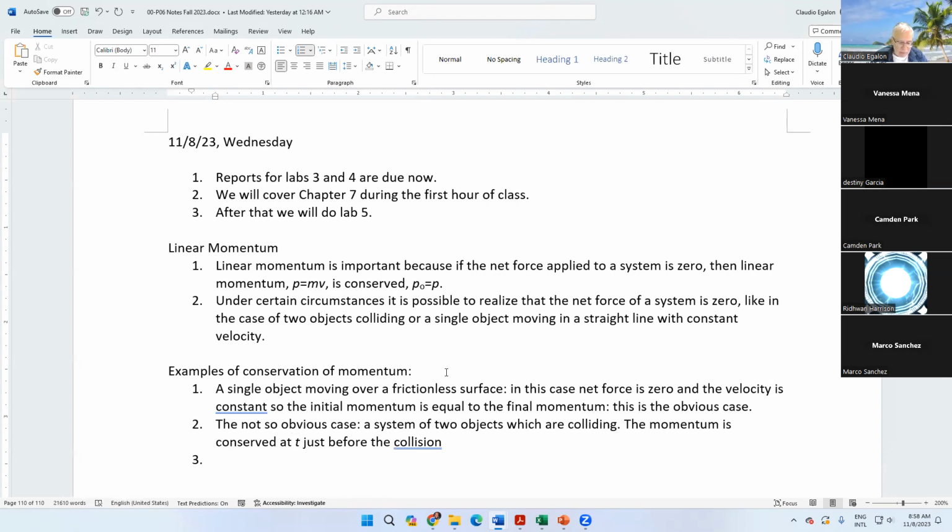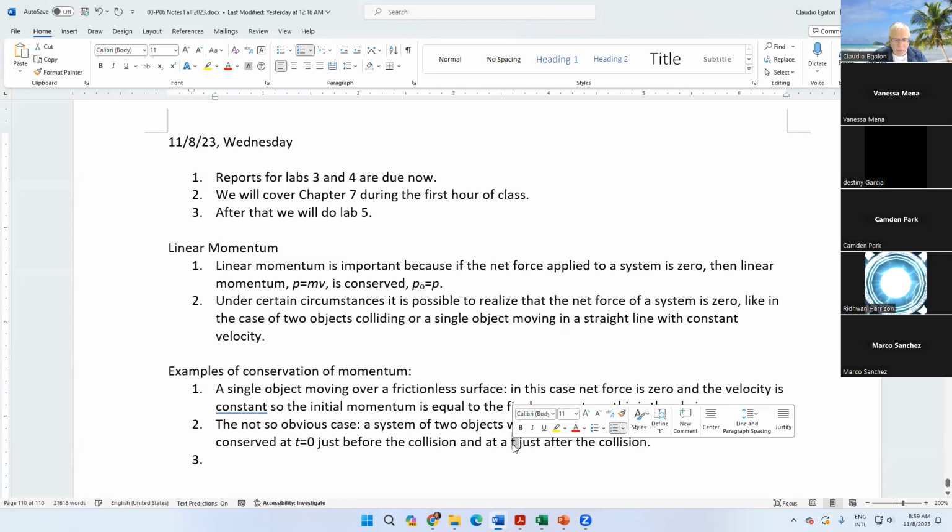I'm going to put t equal to 0 just before the collision, and at a t just after the collision. I can illustrate that very easily for you.